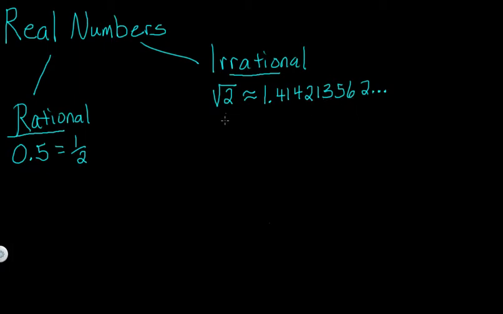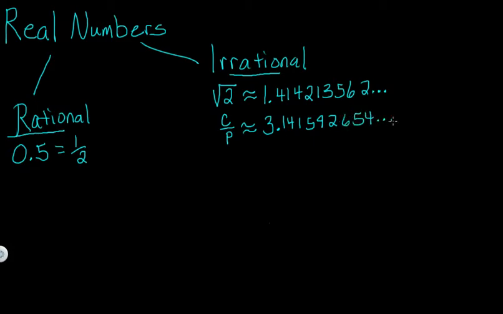Another example of an irrational number we deal with in geometry is the ratio of a circle's circumference to its diameter, which we can approximate by the decimal 3.141592654, and so on.